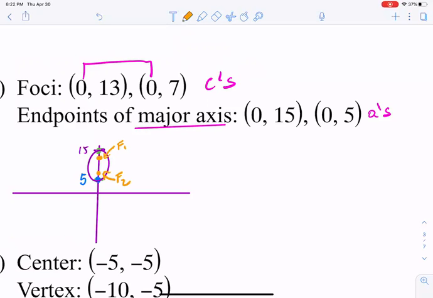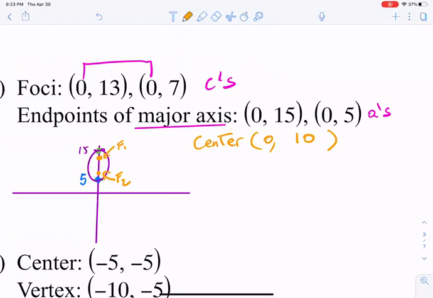Now, we need to find out the center. So what's the center here? The center is just the midpoint of your major axis if you want to use the A values. As you can see, this is fixed, so this is 0. And what is the midpoint between 15 and 5? That would be 10. So I have the center already. I need to find the value of a.